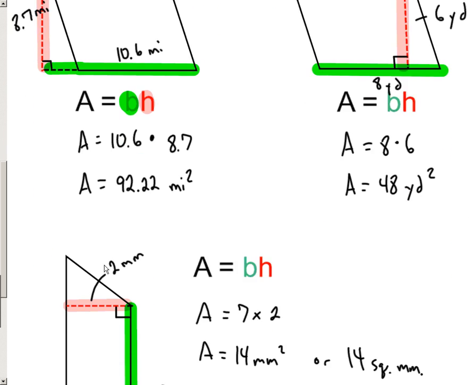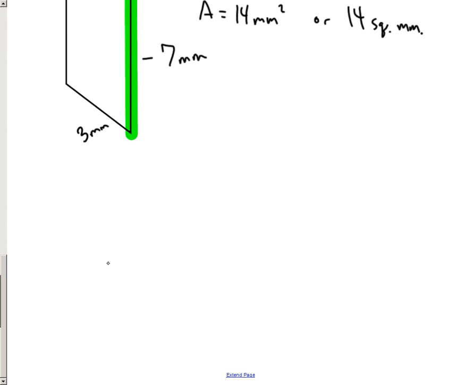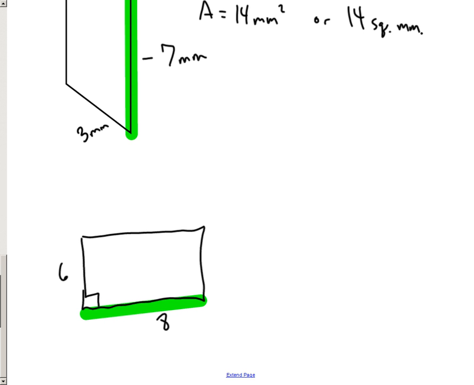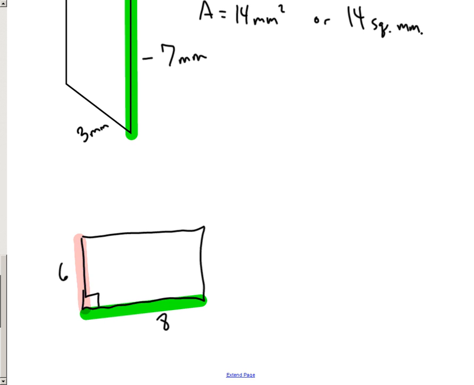And this also works for squares and rectangles because they are just special parallelograms. If this was a rectangle, this side is parallel to that side, and top is parallel to the bottom. Well, if this is 6 and this is 8, it's not difficult to see that 8 would be the base, and then 6 would be your height, because from the highest part to the lowest part at a 90-degree angle, there's your height.